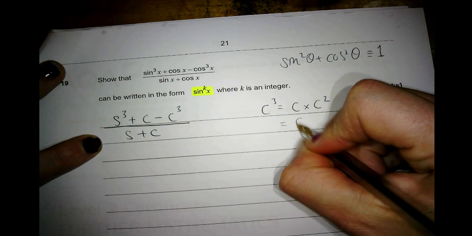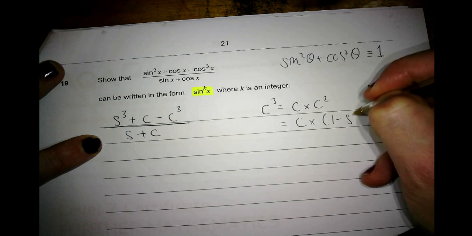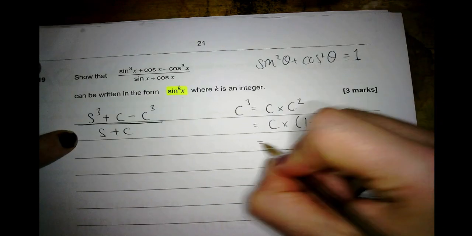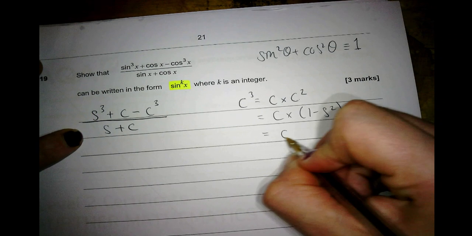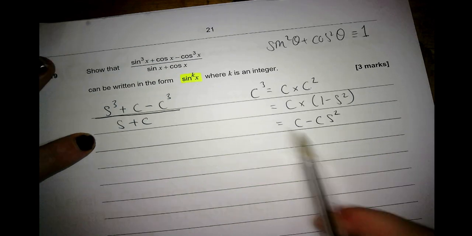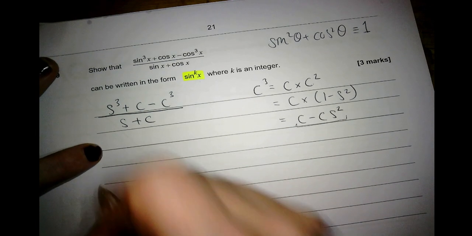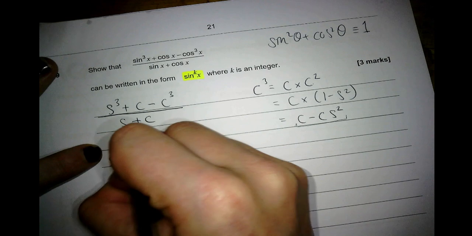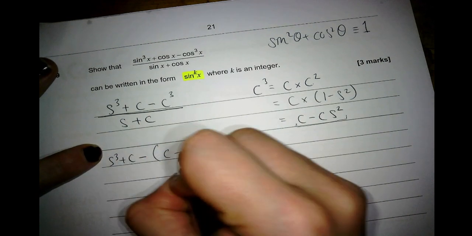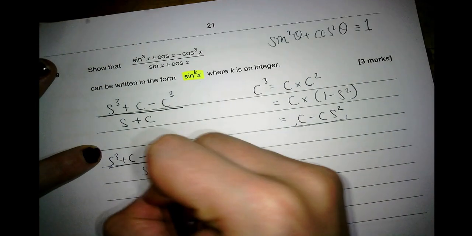So I'm going to rewrite my cos squared as 1 minus sine squared. And multiply that out, so that's going to be cos minus cos sine squared. I've still got some coses, but let's just see what happens with this. So I'm going to replace that cos cubed with my cos minus cos sine squared and see how that looks. So I've got sine cubed plus cos minus cos sine squared all over sine plus cos.